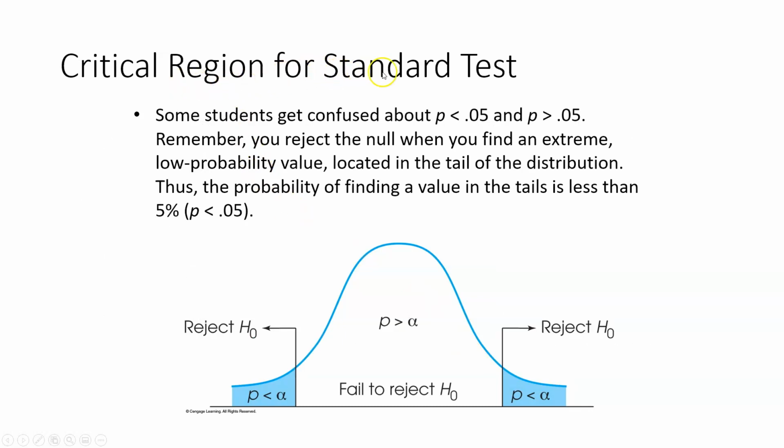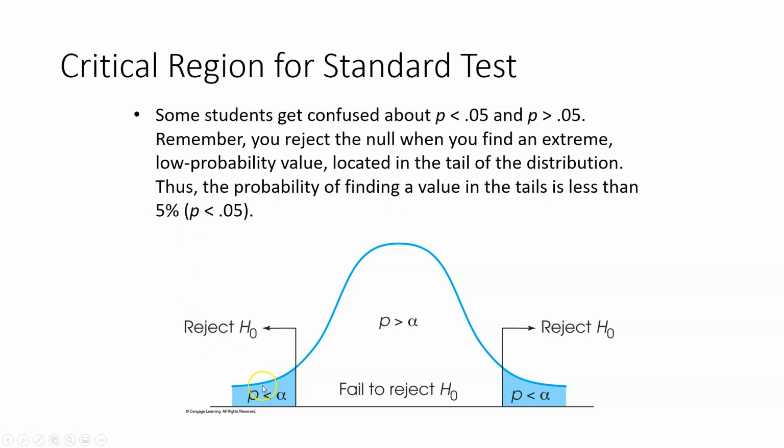The critical regions for a standard test. Some students get confused about p less than or p greater than 0.05. Remember, you reject the null when you find an extreme low probability value that's located in the tail of the distribution. Thus, the probability of finding a value in the tails is less than 5%.